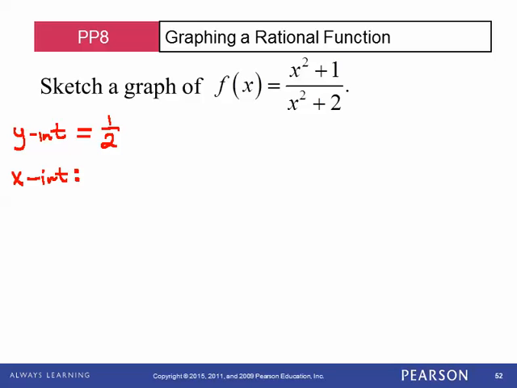X-intercept. When does x squared plus 1 equal 0? It doesn't. X squared plus 1 can never equal 0 because if you subtract 1 from both sides and start taking the square root of both sides, you can't get the square root of a negative, it's imaginary. Cool. Alright, vertical asymptote.